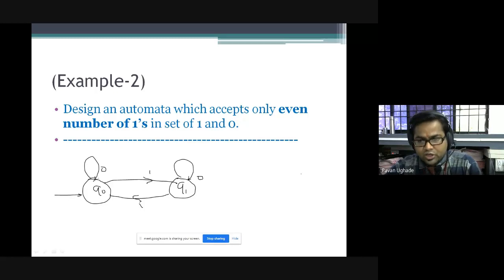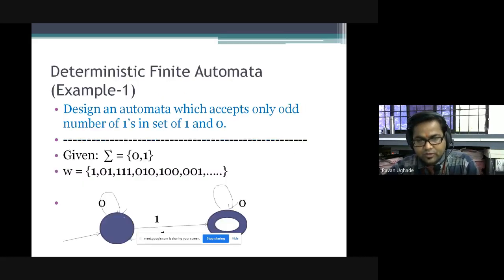So what I'll do, in the complement of an automata, we have seen in the previous class when we were talking about the complement of an automata, the final state and non-final state should be altered. So in the previous example we had q1, this is my q0 and this was my q1.